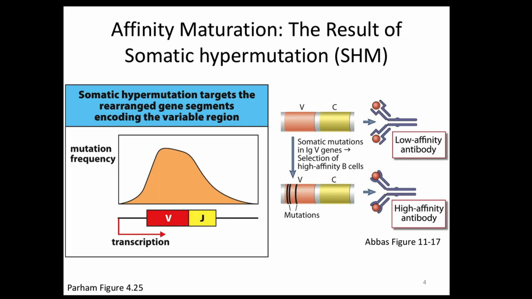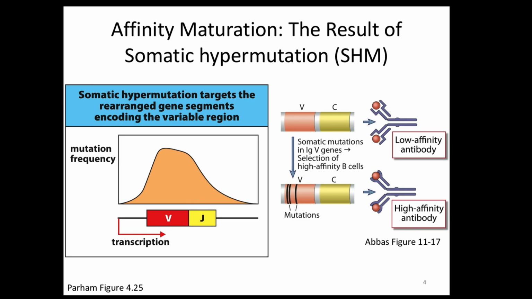And so this is just a reminder about affinity maturation. Of course, we have point mutations that occur in the part of the gene that encodes the heavy and light chain variable regions. So the VJ part of the light chain, the VDJ part of the heavy chain, gets a bunch of point mutations.